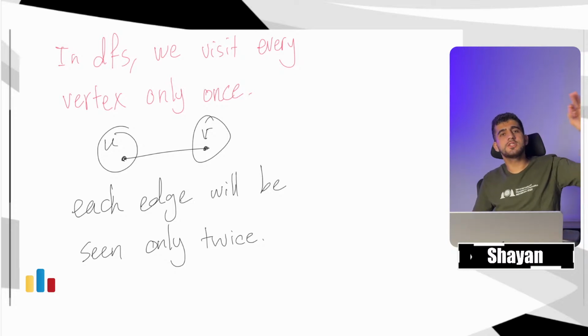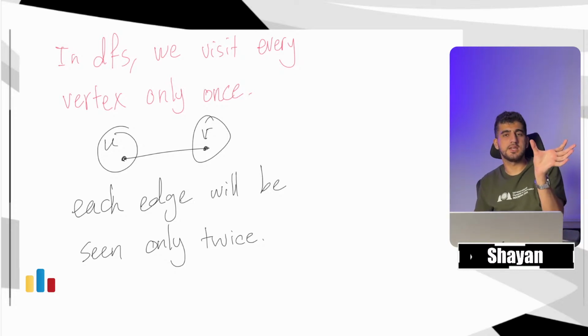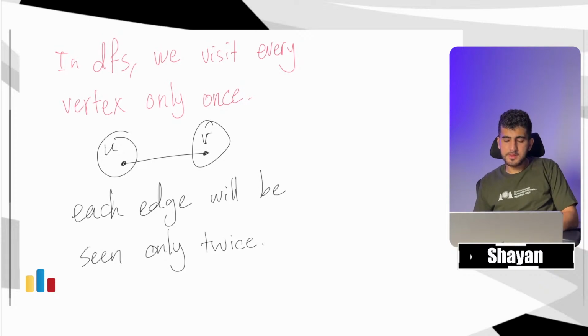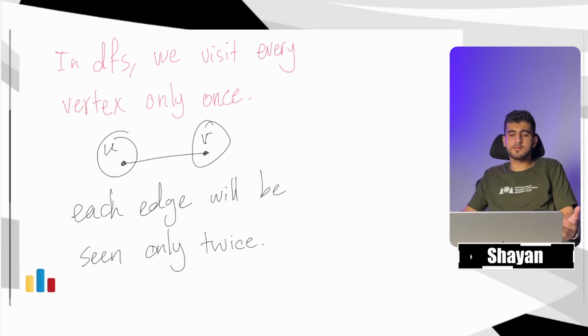So I will see this edge only for these two vertices. Therefore, each edge will be seen only twice.